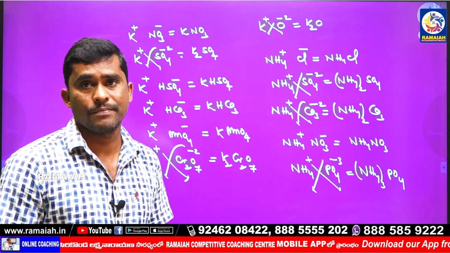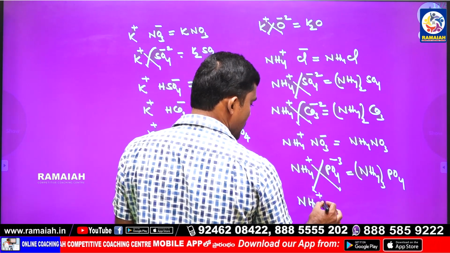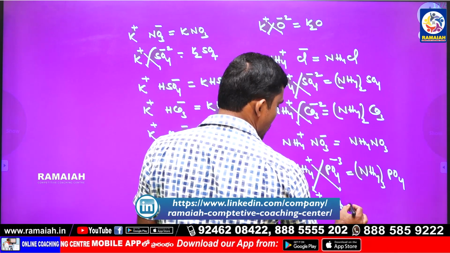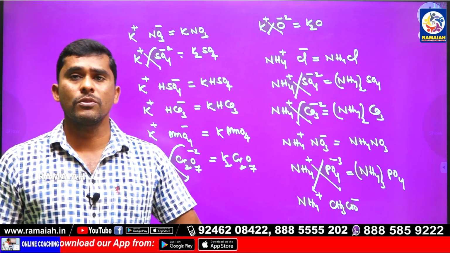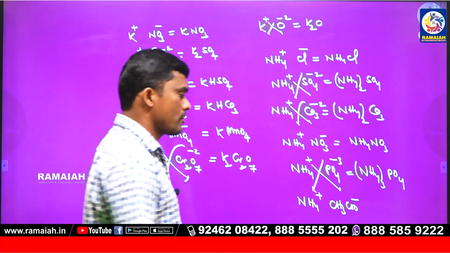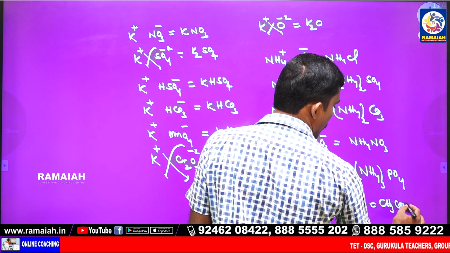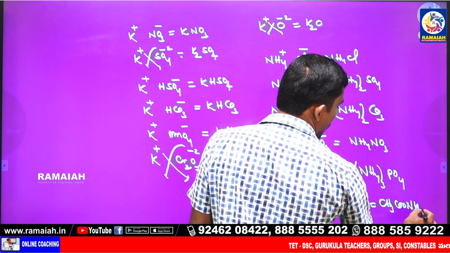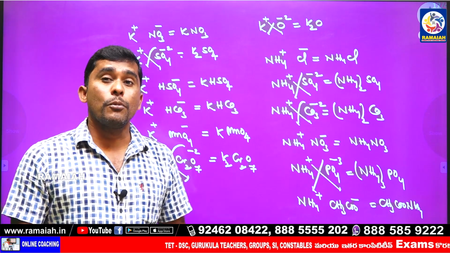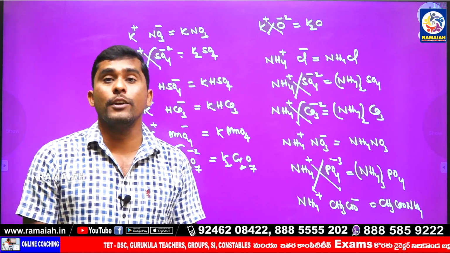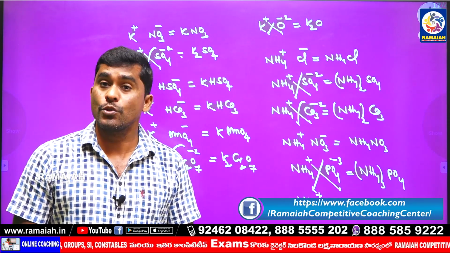Ammonium acetate. The ammonium formula is NH4 plus. Acetate formula is CH3COO minus. The charges are equal, so the formula is also the same: CH3COONH4, ammonium acetate. Ammonium dichromate: ammonium NH4 plus, dichromate Cr2O7 minus 2.